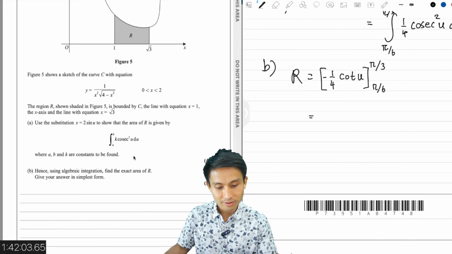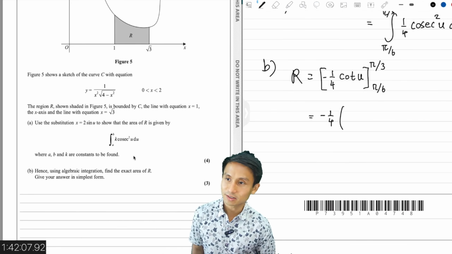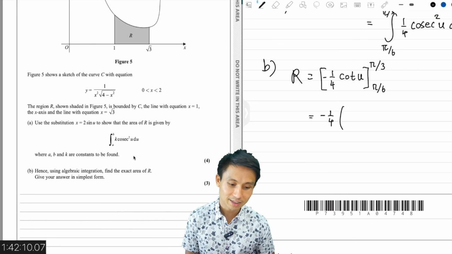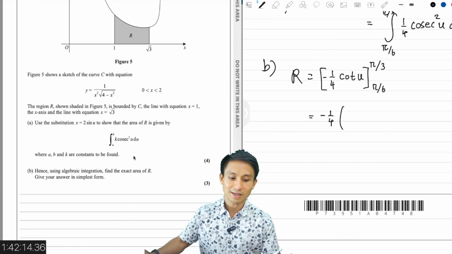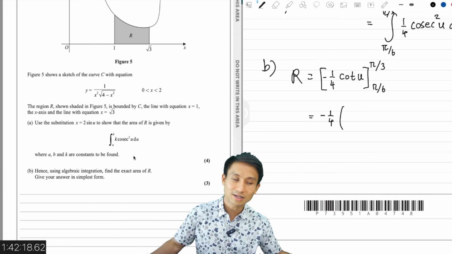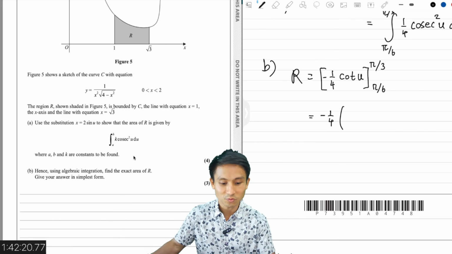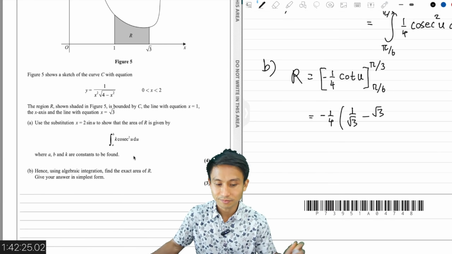Not hard here. So I'm just going to take minus 1 over 4 out and then do the substitution in the brackets. So cot pi over 3: tan pi over 3 is root 3, so this is 1 over root 3 minus root 3.